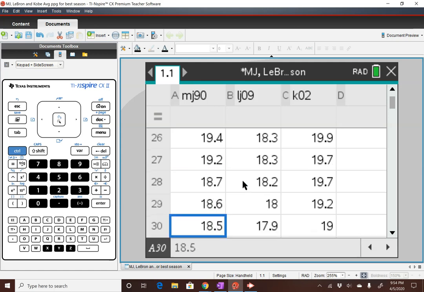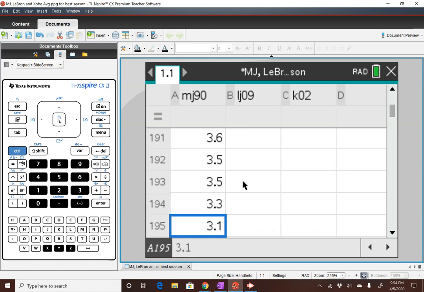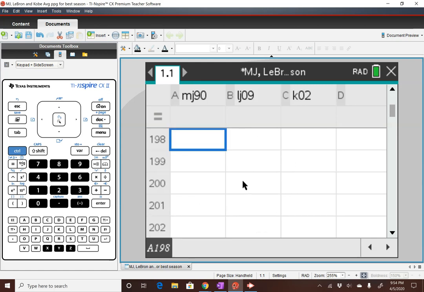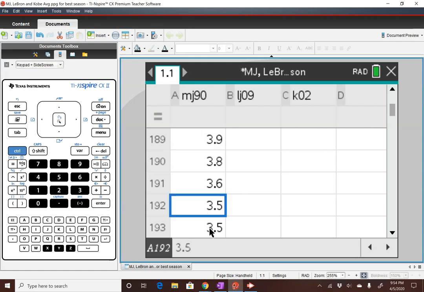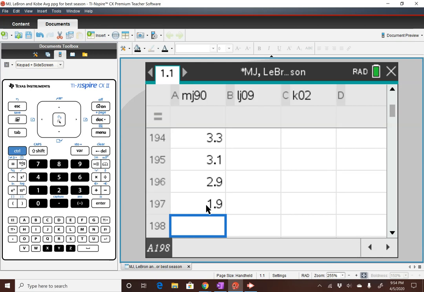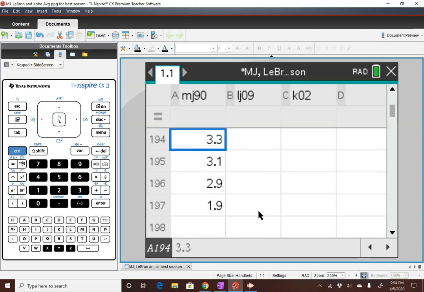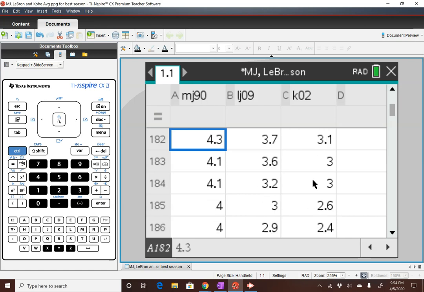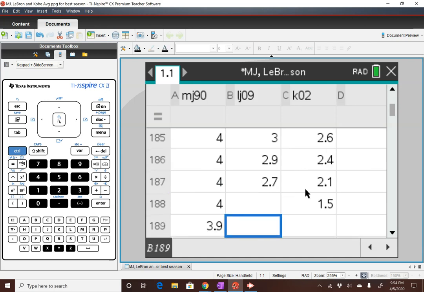Because some years, if I scroll down a little bit, like this year with Michael Jordan, there were actually 197 players that played at least 70 games, because they're not looking at the average points per game of a player that plays 10 games a season, right? So I took all of that. This season had a lot, but whatever. Okay. That's what I did.